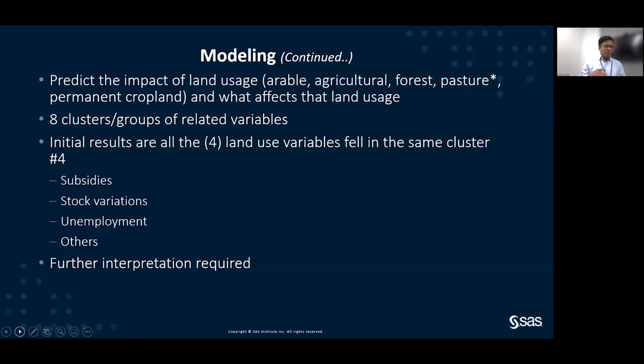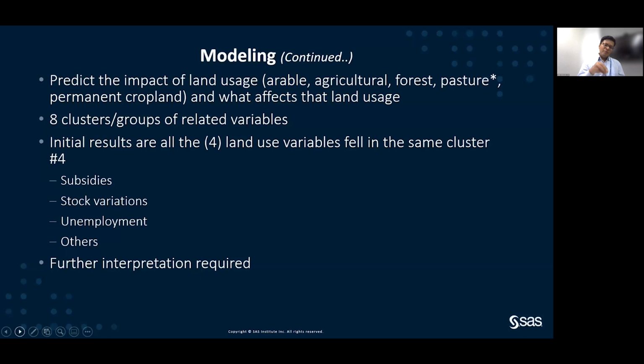There is also the unemployment factor that we found to be influencing the outcome, because, coming back to soybean, it is a very less labor intensive crop, and therefore you can grow soybean without employing much labor.